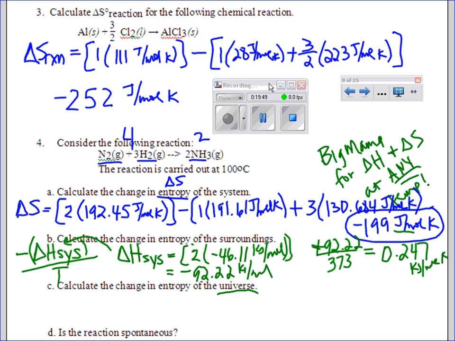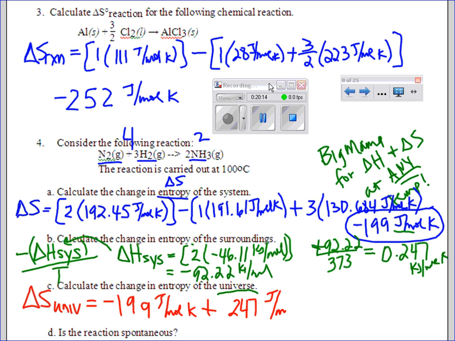So now I'm going to plug it in as joules down here and say that the delta S of the universe is equal to, what was our delta S of the system? Negative 199, right? Joules per mole Kelvin, plus 247 joules. Are you okay with the 1,000 little thing I did there?